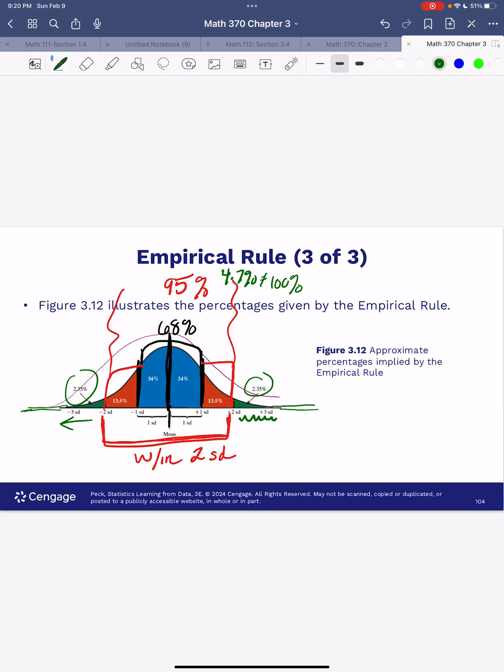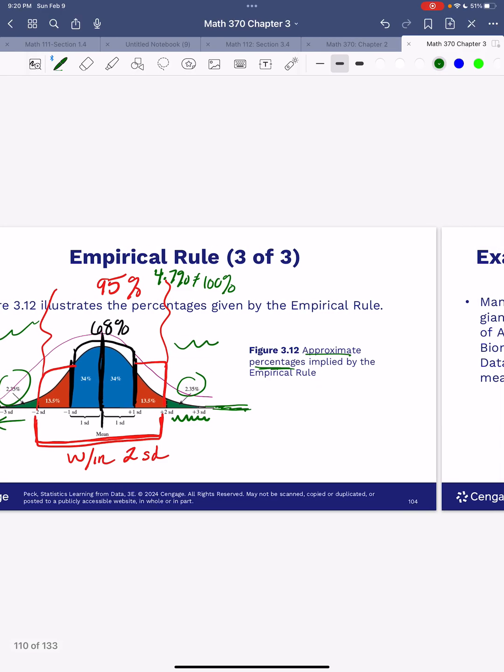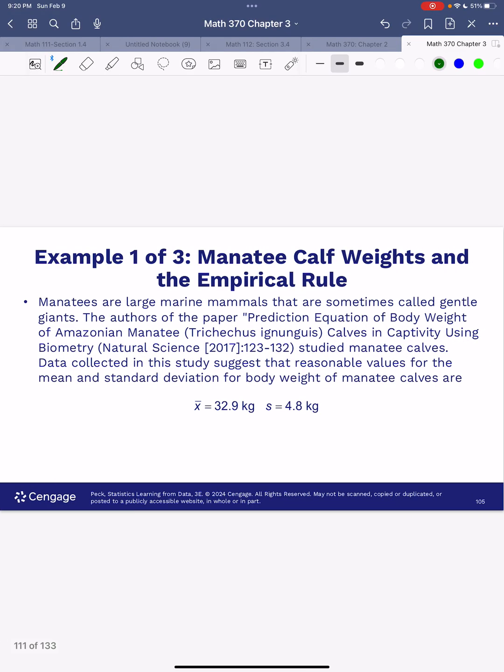We know that this is kind of going out, and that's where we would get that last little bit. But it's within 3 standard deviations. So when we are within 3 standard deviations of the mean, we can add that additional 2.35% to the 95 on both sides. So this empirical rule is really just going to approximate percentages for where we feel the majority of our data will lie.